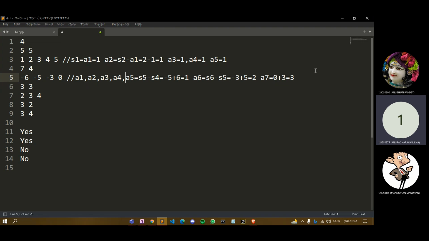Here from A of 5 to A of 7, you have got an increasing array, but you have to check whether you can come across numbers so that the whole array is an increasing array.